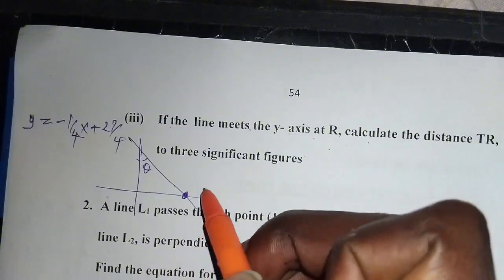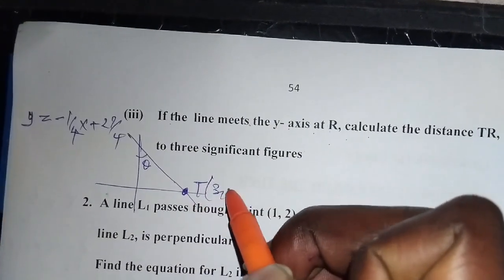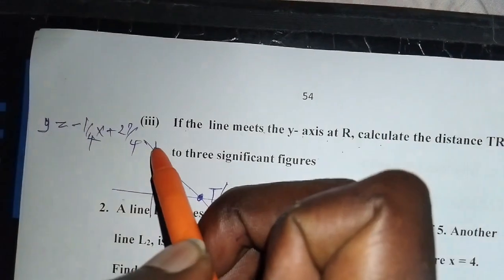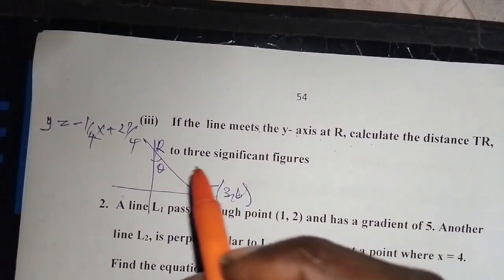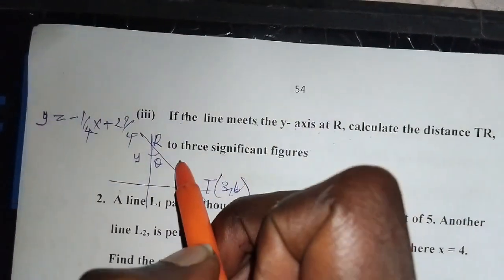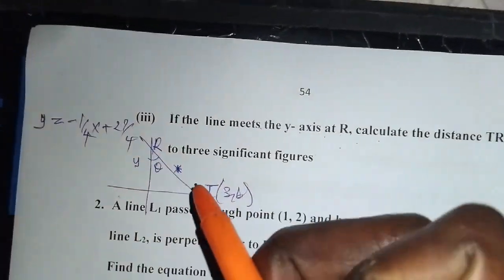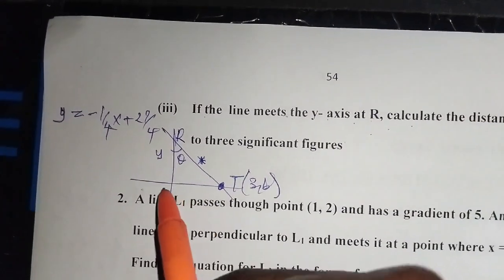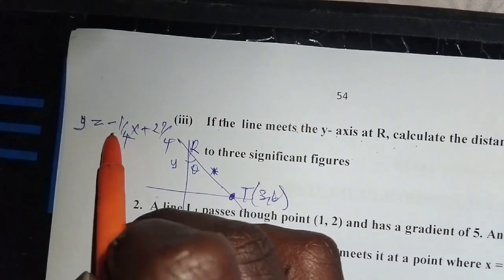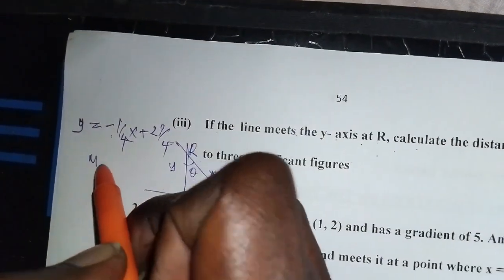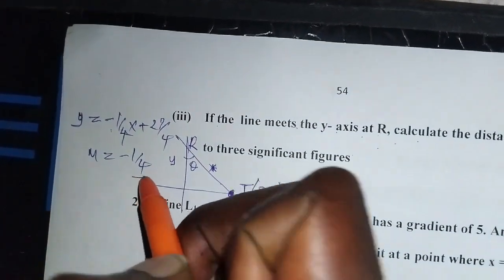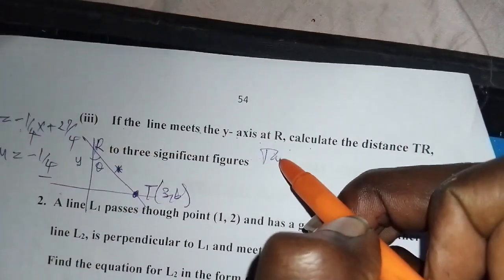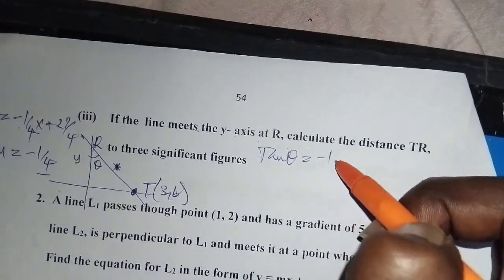If we have this point T, which is 3, 6, and here we have point R where it meets the y-axis, so we need to get this distance TR, which is the hypotenuse, and we know that our gradient is negative 1 over 4, so it's the same as tan of theta is negative 1 over 4.